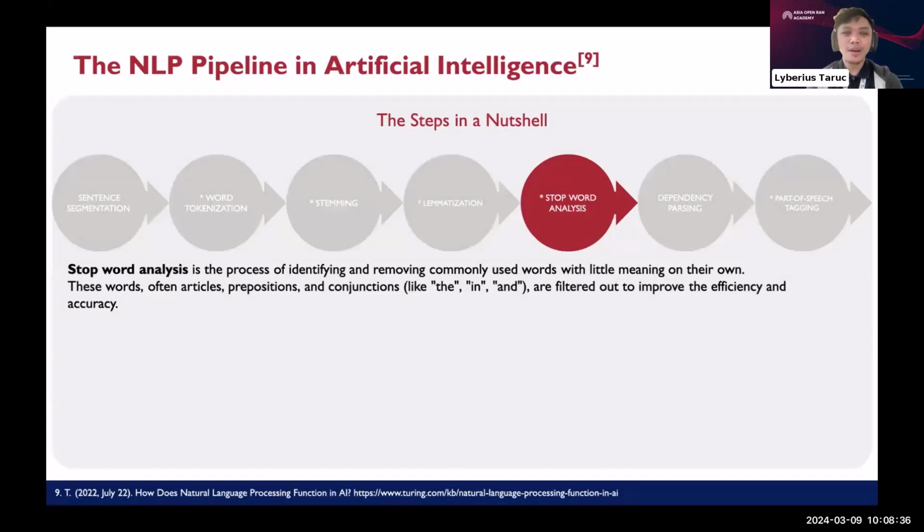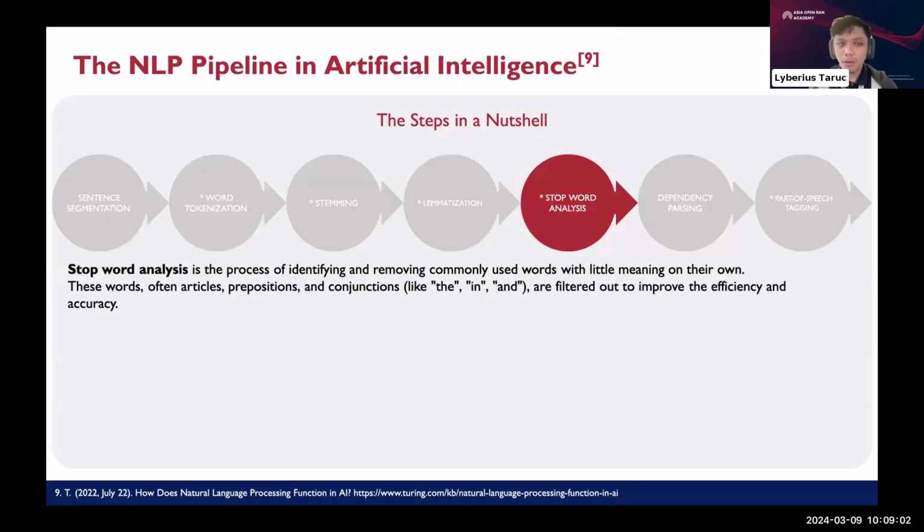Now, the next step involves filtering out those small chunks or small tokens. This is where stop word analysis comes in. It is the process of identifying and removing commonly used words with little meaning on their own. This is not to say that we remove everything completely; it is just a way for the machine to make sense of which are the more important parts of your data set or of your sentence.